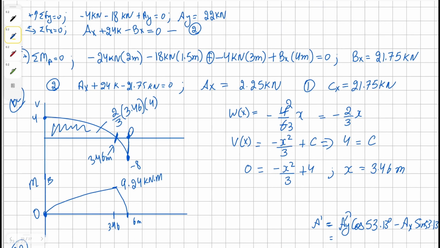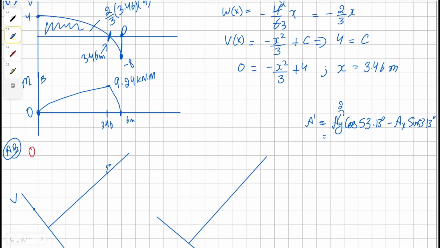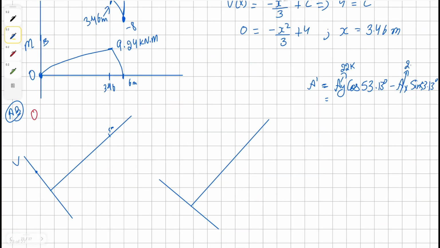Our Ay is 22 kilonewton, and our Ax is 2.25 kilonewton. On this we get our solution as 15. Similarly, we have to find our solution for B, and it's going to be By at cos 53.13 degrees and Bx at sine 53.13 degrees. On this we also get 15 kilonewton as a solution.